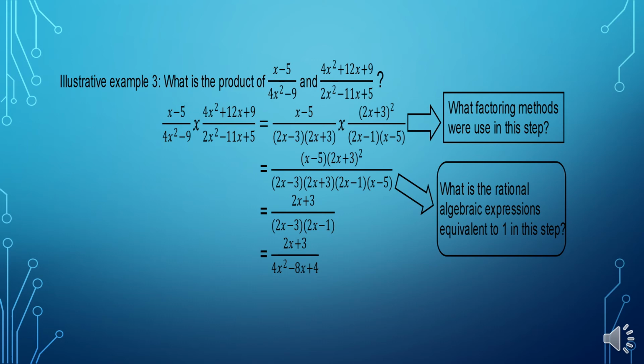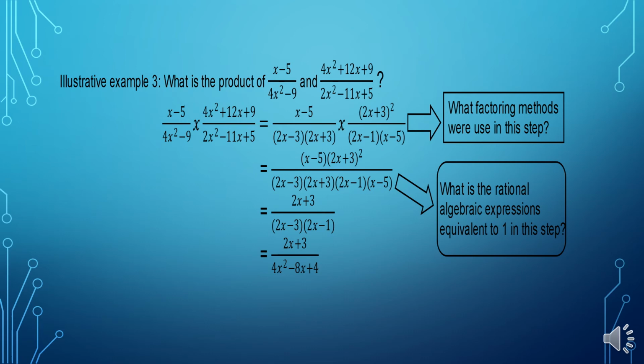It can be simplified into 2x plus 3 raised to 2. And then the denominator 2x squared minus 11x plus 5, we can also simplify it into 2x minus 1 times x plus 5.